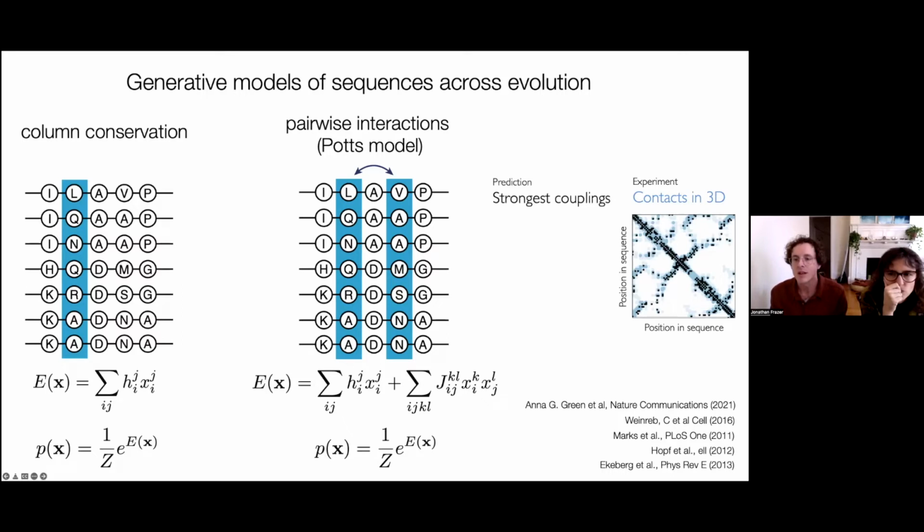These contact maps are a crucial part of structure prediction, so they are important for things like AlphaFold, if you've heard of that. Indeed, our lab has a long history in using this for structure prediction and looking at interactions more generally. However, for the purposes of the talk today, we don't care so much about structure prediction. We just care about this.